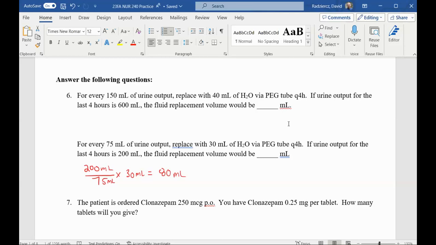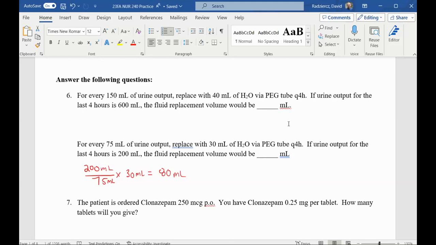It won't matter because it's always going to be based off of the total output and then whatever the replacement scenario is. So if it said to replace it every 4 hours and then after 6 hours, you would still calculate it the same way.